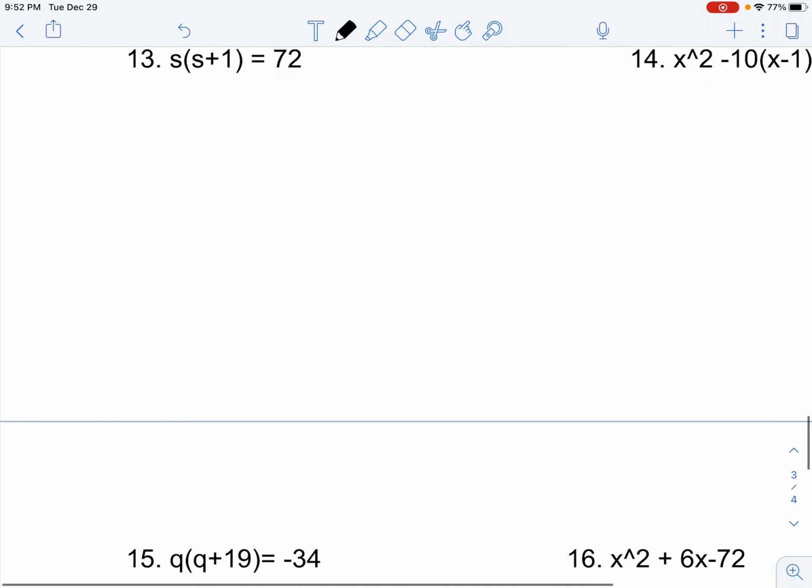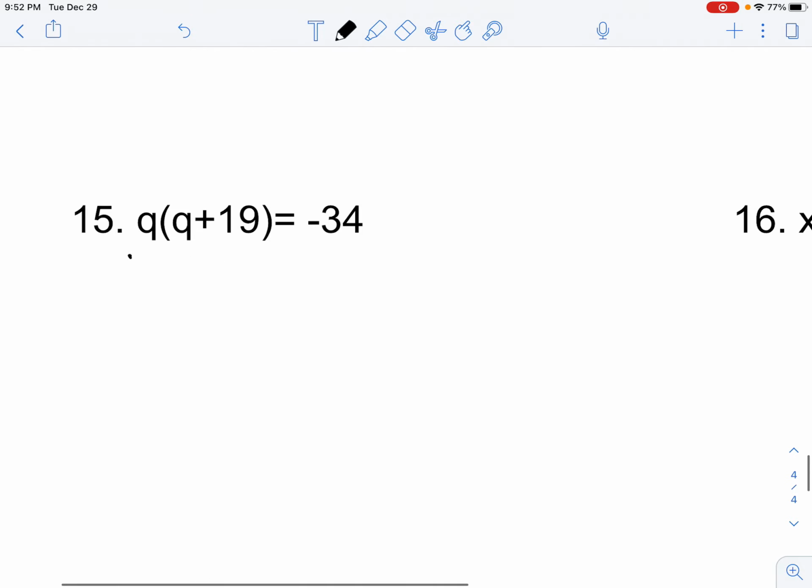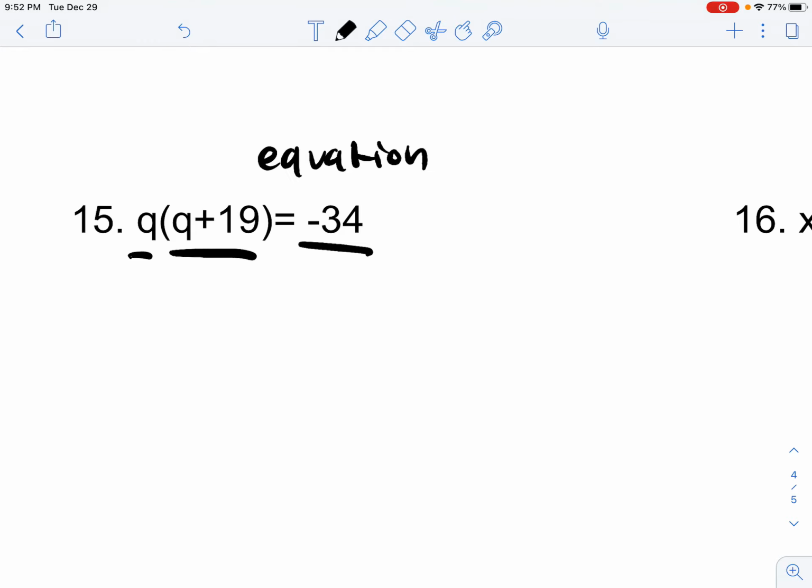Moving on. Now you have q times q plus 19 equals negative 34. Now what this is telling you is that this is an equation. So what this will give you is an actual answer for q. So q times q, which is q squared, since you're distributing q to each term, you get plus 19q equals negative 34.